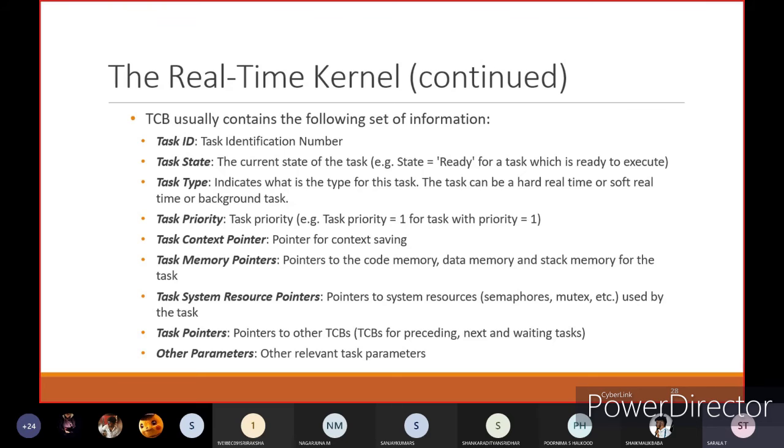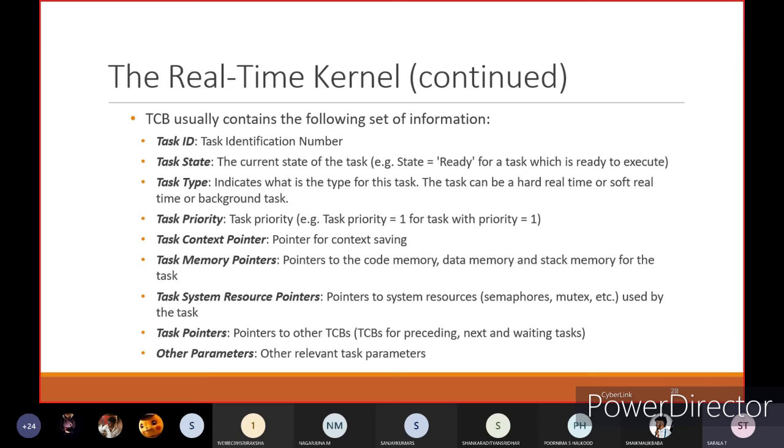It will provide the addresses of the context, the data memory, and the stack memory. And the task system resource pointers, pointers to system resources such as semaphore, mutex, etc., used by the task.